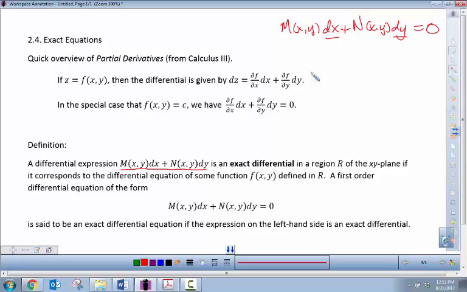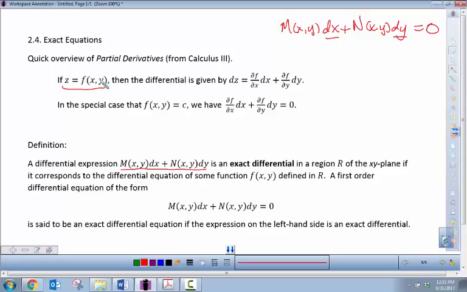So anyways, back in Calculus 2, or looking forward to Calculus 3, there's this idea of partial derivative. And if you have a function of two variables, you could take the derivative of that function with respect to x or with respect to y.